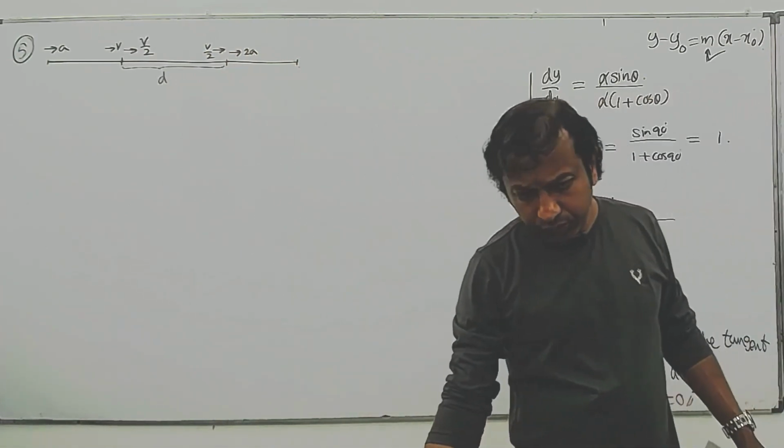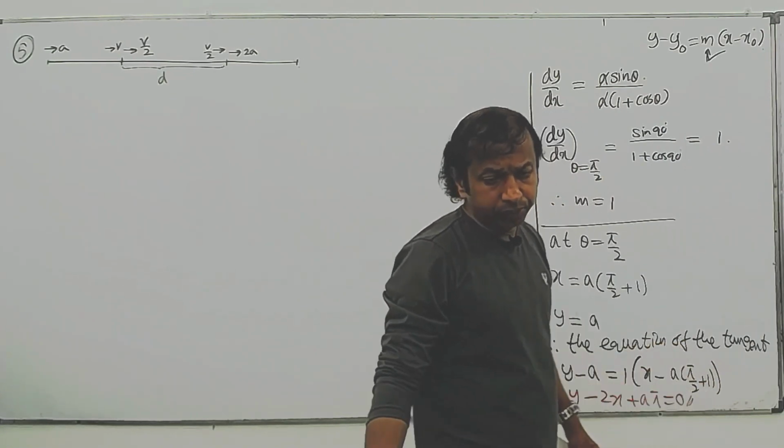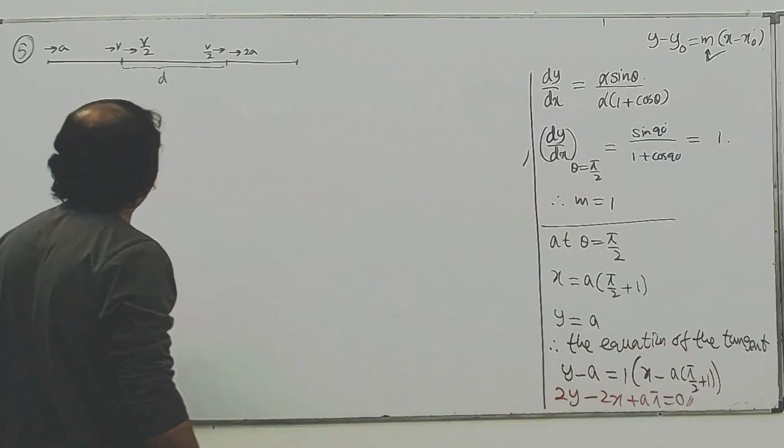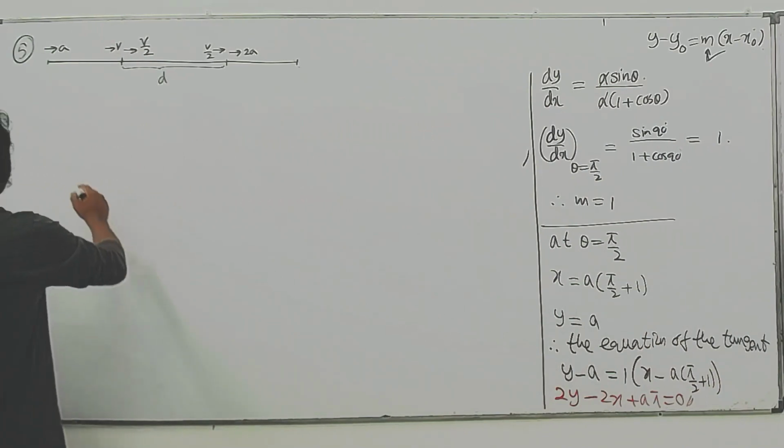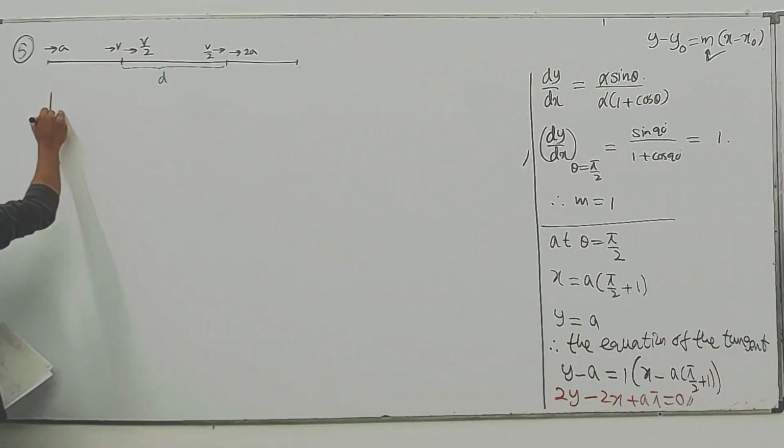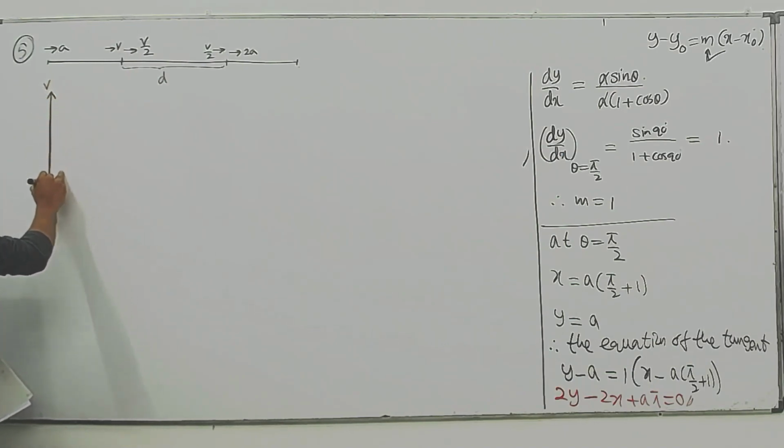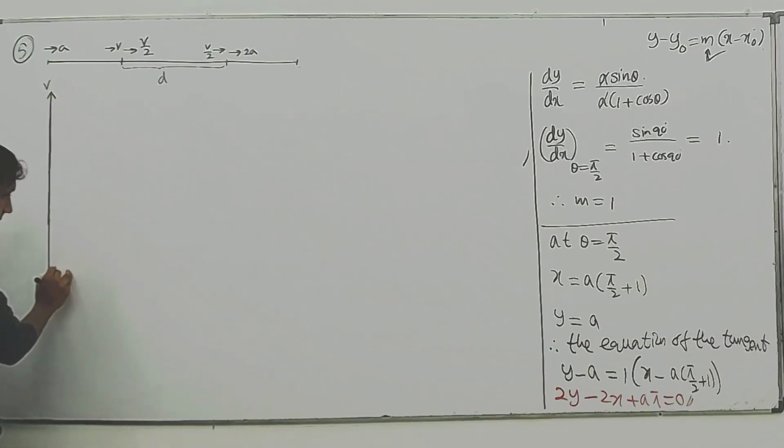Now, people, we will sketch the velocity time graph. The v-t graph is this. Velocity axis, and time axis here.